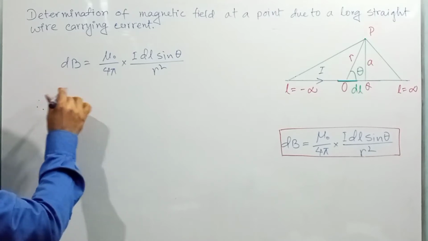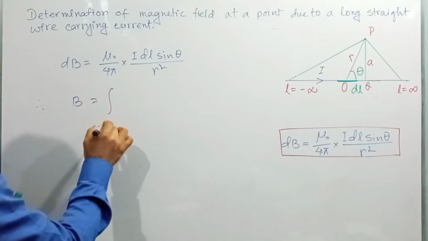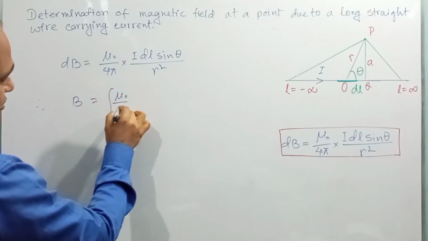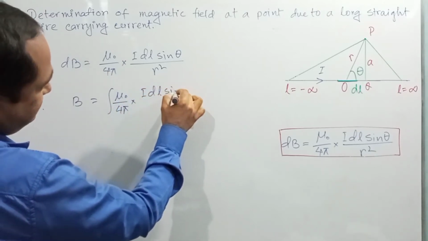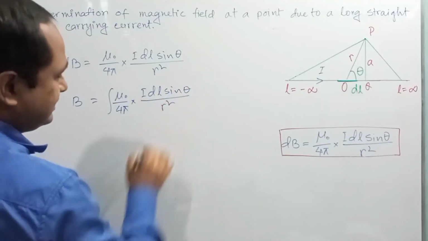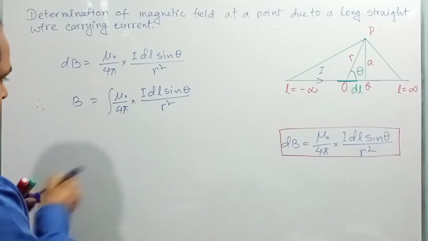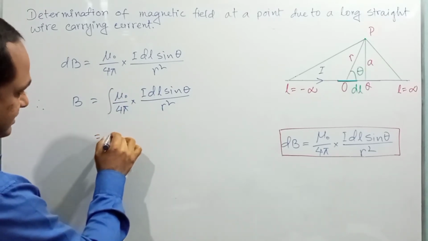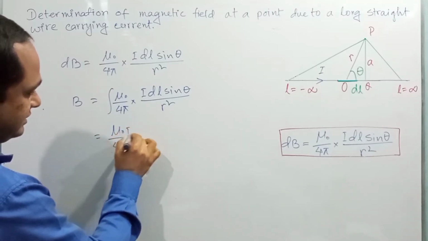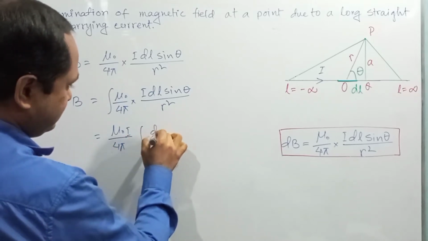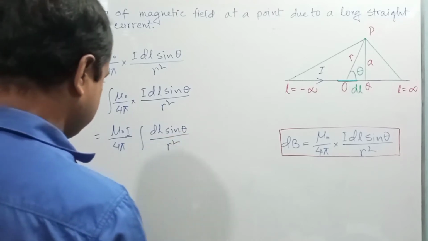Therefore, to get the total magnetic field B, we have to integrate this expression: mu naught by 4 pi into I dl sin theta divided by r square. Here mu naught by 4 pi and I are constant quantities.